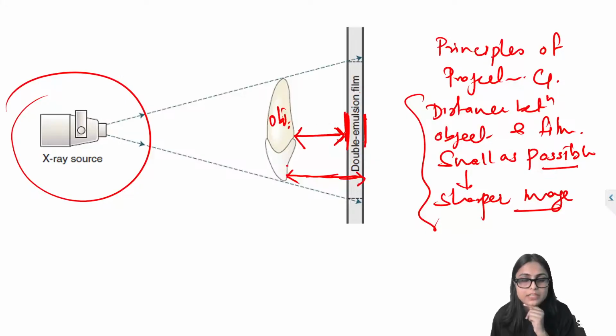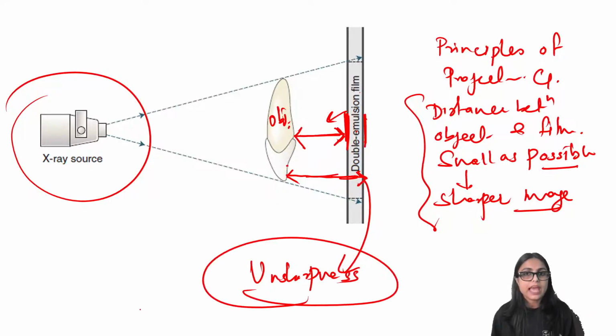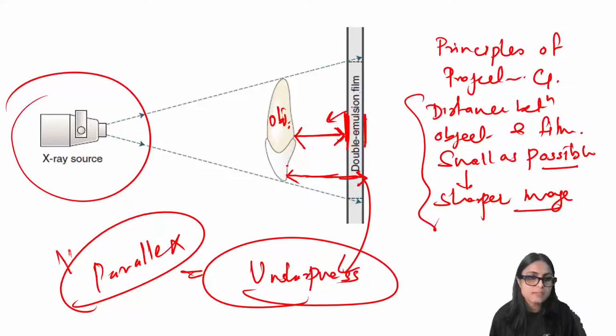So, the image formed on the first layer will be clearer as compared to the image formed on the second layer. So the image formed on the second layer will have little unsharpness as compared to the first layer. Okay, so that is called parallax.